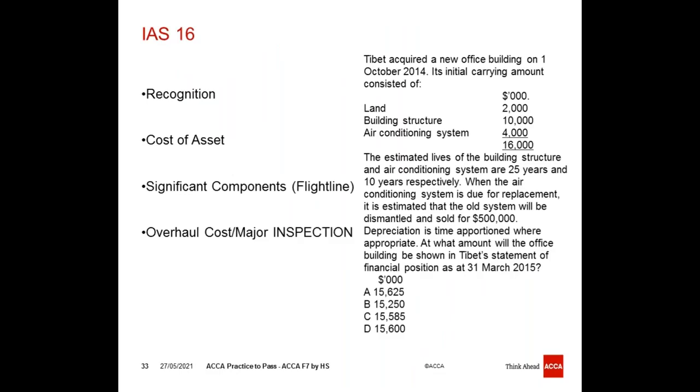This part of the question: IAS 16 says all significant components of the asset should be depreciated separately. All significant components of the asset should be depreciated separately. Now you need to solve this question. Fibrit acquired a new office building on 1st October 2014.